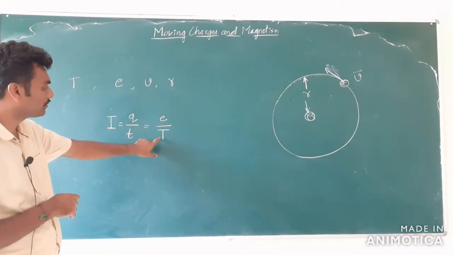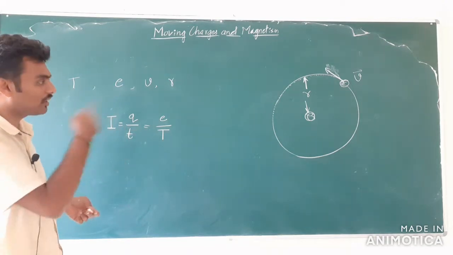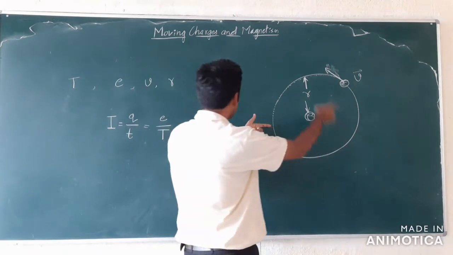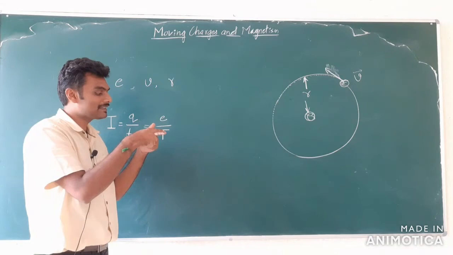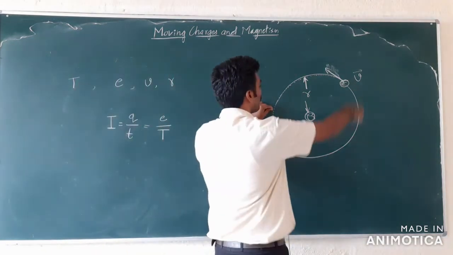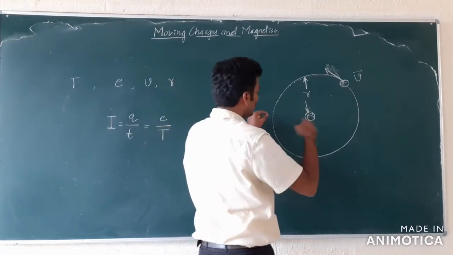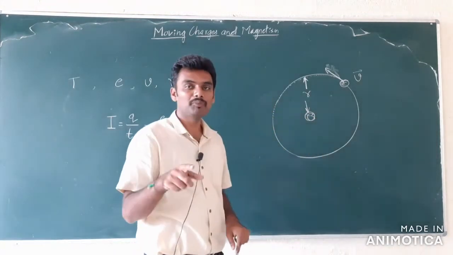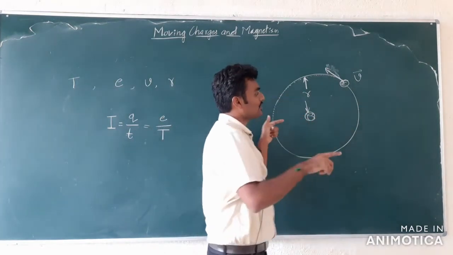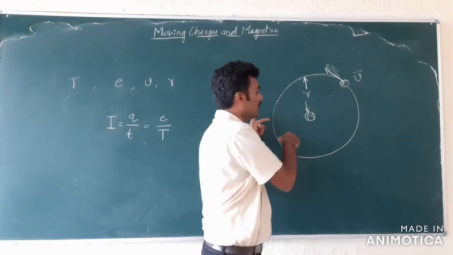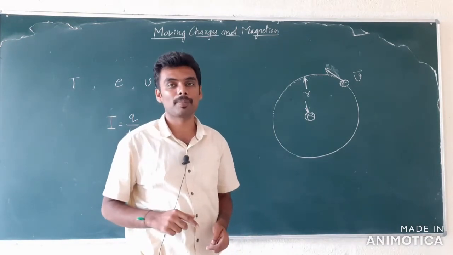Okay, in so and so time, e is the charge that passes the point. See, if I take 2T, 2 times the time period, then the same charge passes a chosen point twice. So then I should take 2e by 2T. Since I have chosen the time taken equal to time period, which means the time taken for one revolution, the charge can actually pass a point just once in the time equal to the time period of revolution.